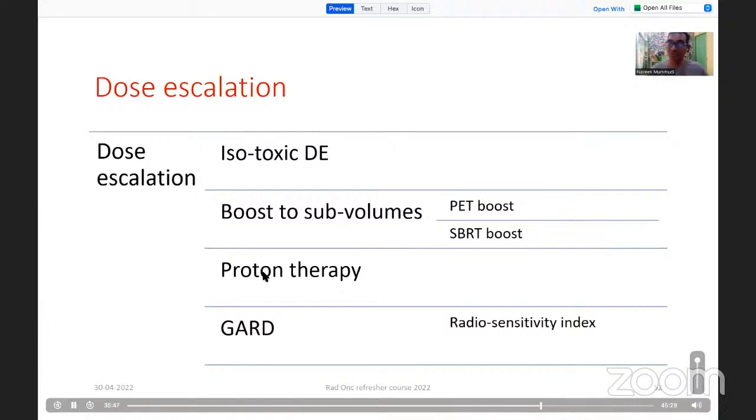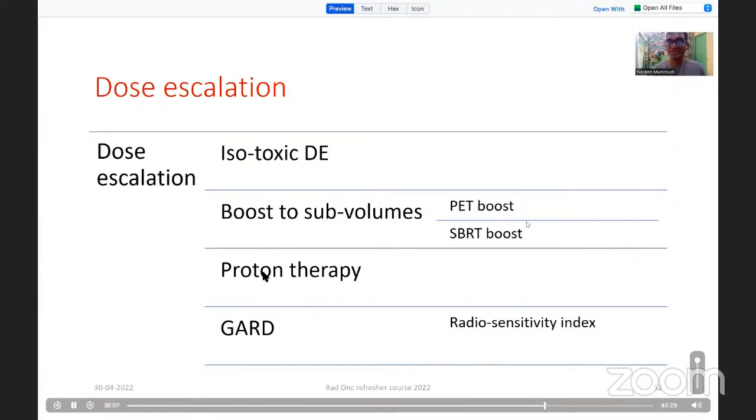You increase the dose to the target until you hit that threshold, and once that crosses, you stop the dose. This has been tested in phase 2 by multiple institutions and has been shown to be effective. Whether it is really useful in a clinical setting has not been tested in a phase 3 setting yet.